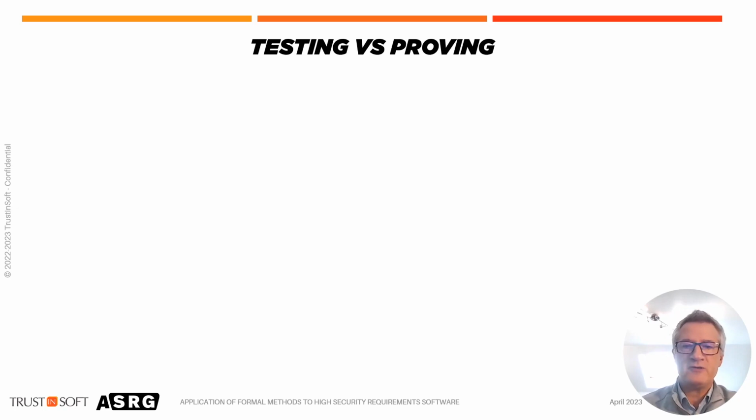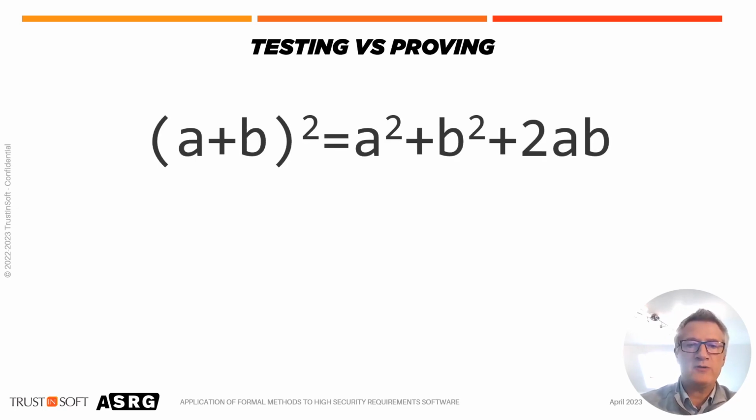To explain the difference between testing and proving, I will use a simple equation like this one: (a + b)² = a² + b² + 2ab. Let's say that I want to verify that this equation is true. I can take either a testing approach or a proving approach.